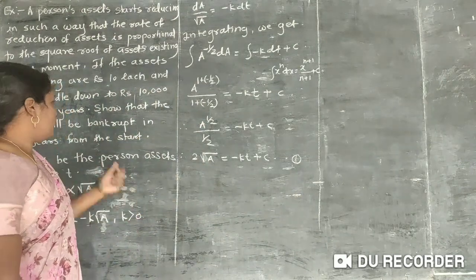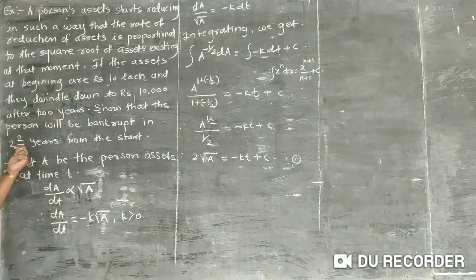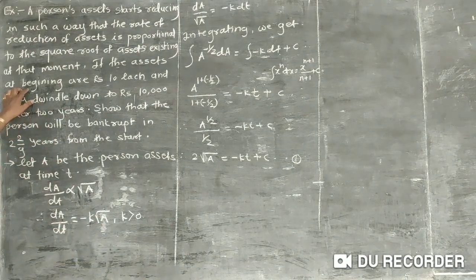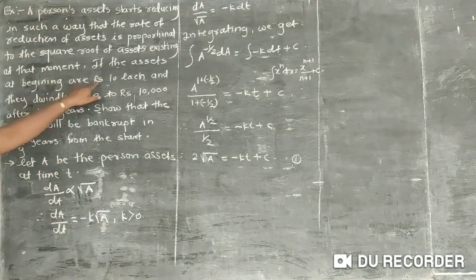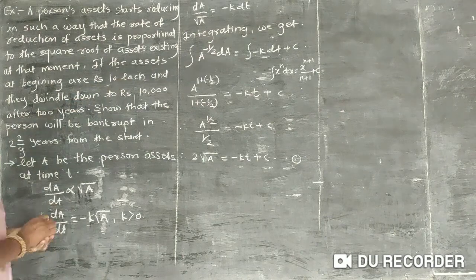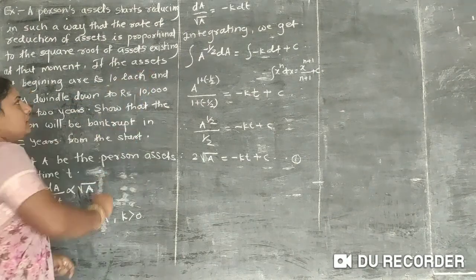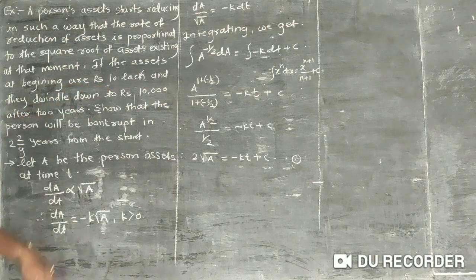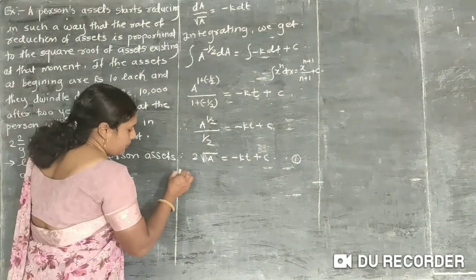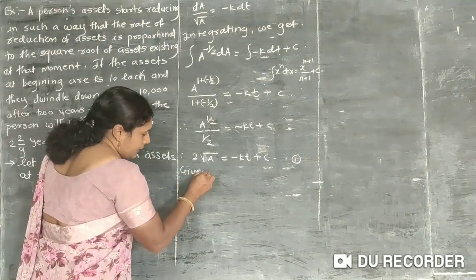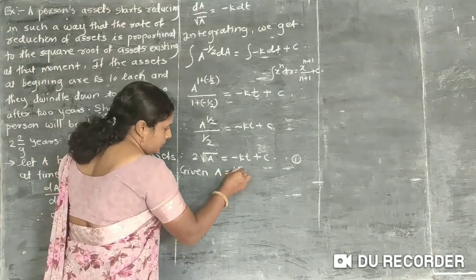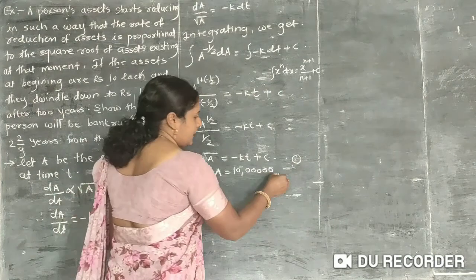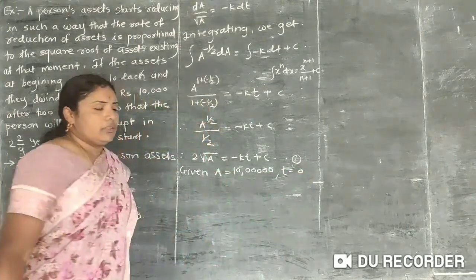Using this equation, we have to calculate the required terms. Now, given that initially, at the beginning, the amount is rupees 10 lakh. Therefore, take A is equal to 10 lakh at time t is equal to 0.